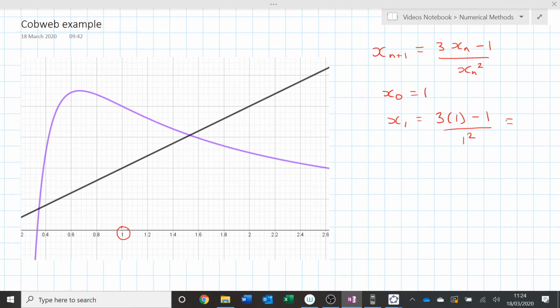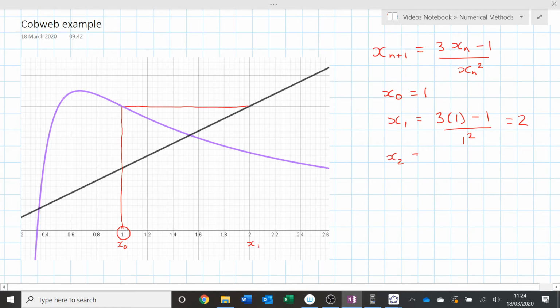So it is equal to 2. And let's see that on the picture. So I start at 1. I go up to the curve. I go either left or right until I find y equals x. So y equals x is there. And you can see I've ended up at 2. So I'm over 2. So this is going to be x0 and x1 is at 2.